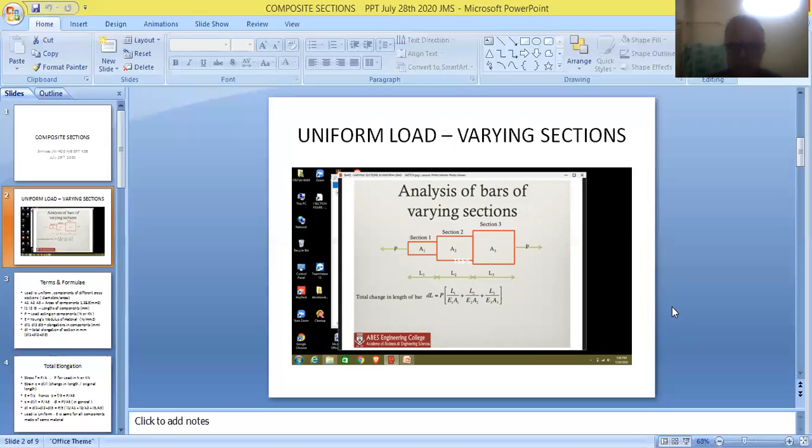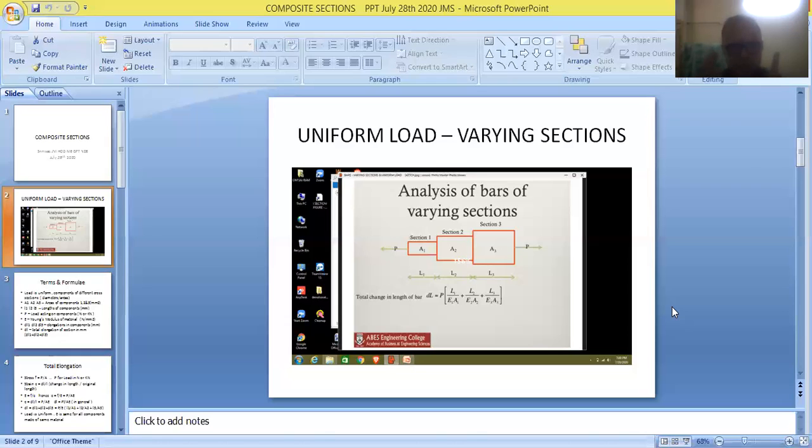It's called elongation. And if it is subjected to a compressive load, then the length of the section will be getting reduced. It's called deformation. So in the case of tensile loads, DL must be taken as a positive value.